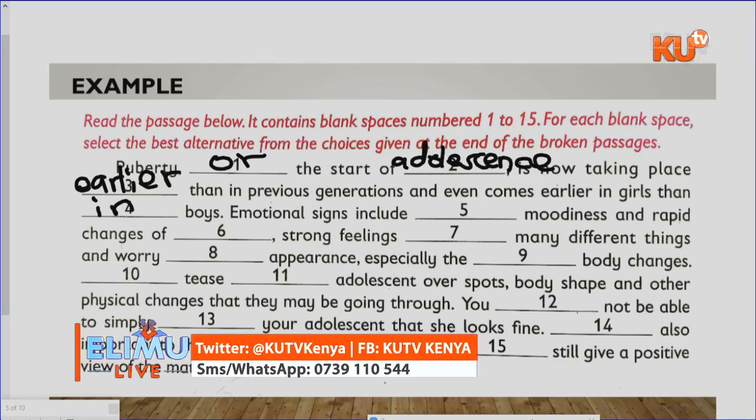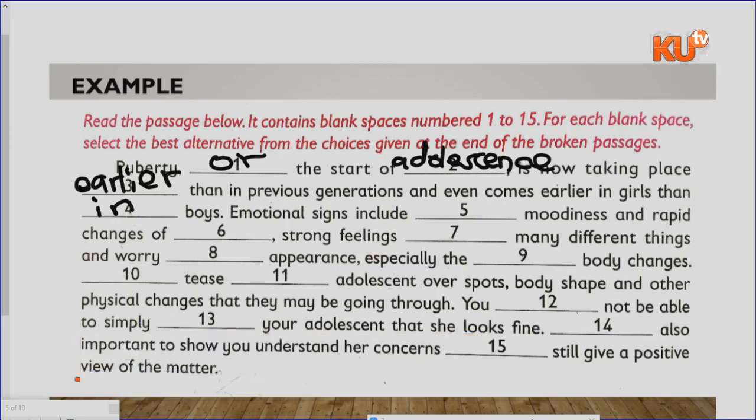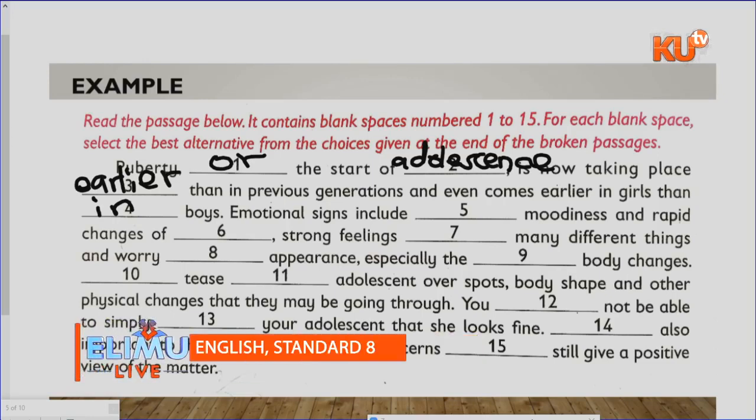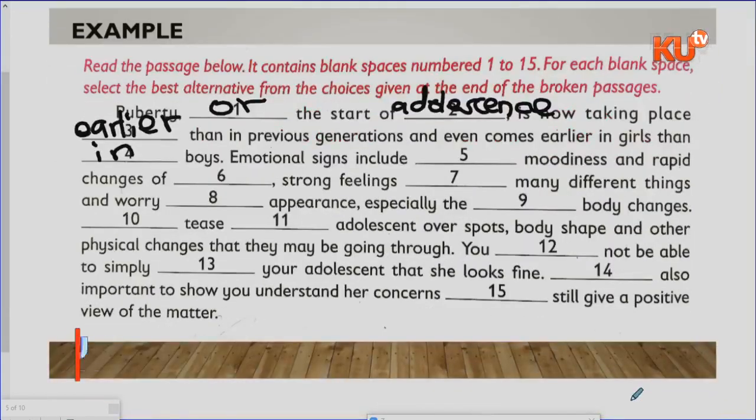Especially the dash body changes. Dash tease dash adolescent over sports, shape dash and shape and other physical changes that they must be going through. You dash not be able to simply dash your adolescent that she looks fine. Dash also important to show you understand her concerns. Dash still give a positive view of the matter.